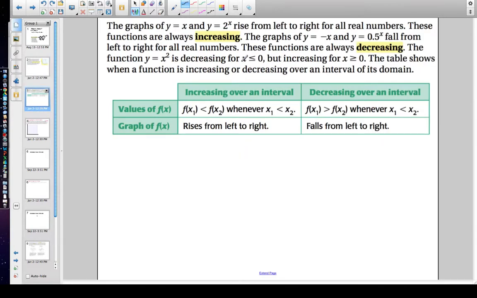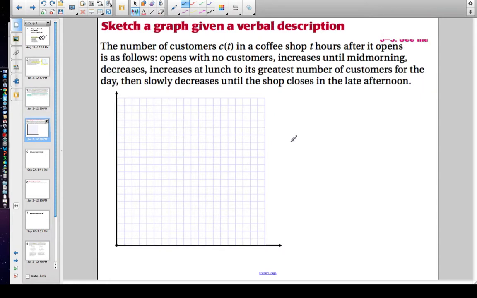But first, let's take a look at what this means. I've already talked about this. Increasing over an interval means it rises from left to right, and decreasing over an interval means it falls from left to right. So if we take a look at something like this, it's sketching a graph given a verbal description. The number of customers in a coffee shop, T hours after it opens.